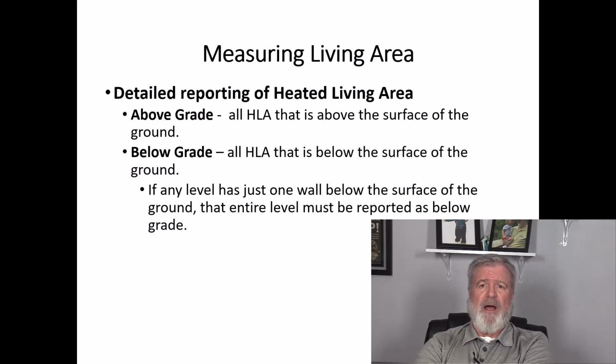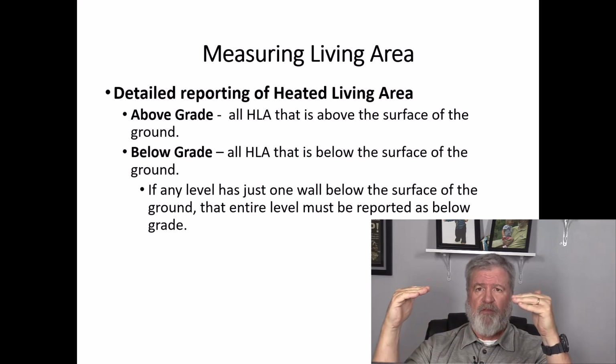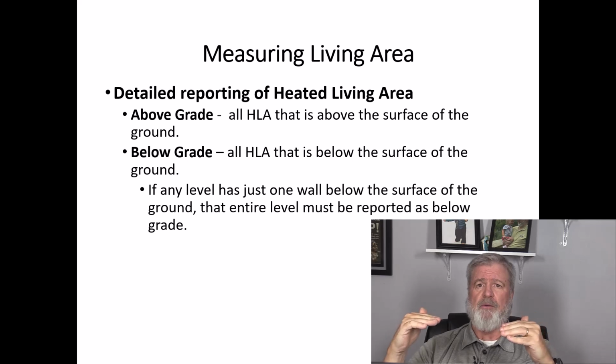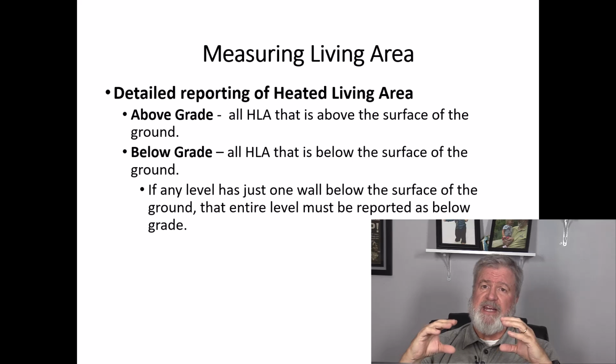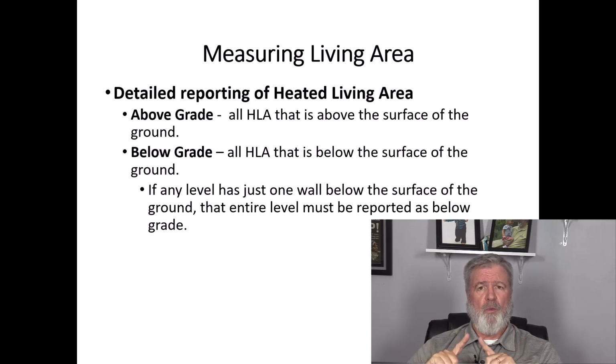So what are we talking about here? Above grade is any living area that's above the surface of the ground. Obviously, below grade would be any living area that's below the surface of the ground. Now, what does that mean?